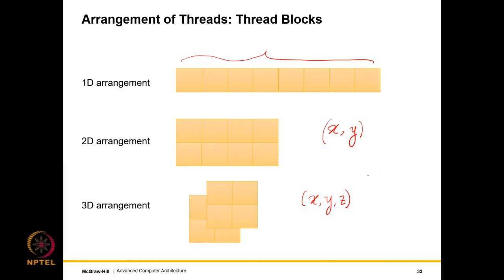If we are working on volumes, say an airplane wing, then the 3D arrangement naturally makes sense. If you're working on a 2D plane, like solving the heat equation on a 2D plane, then the 2D arrangement makes sense. And for a simple example of adding 2 arrays, the 1D arrangement makes more sense.